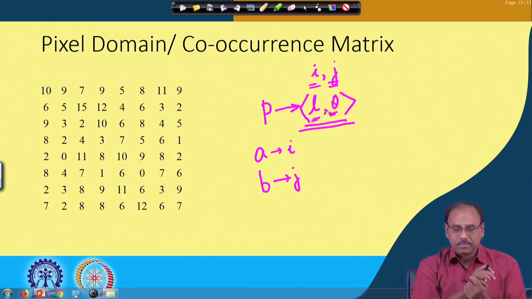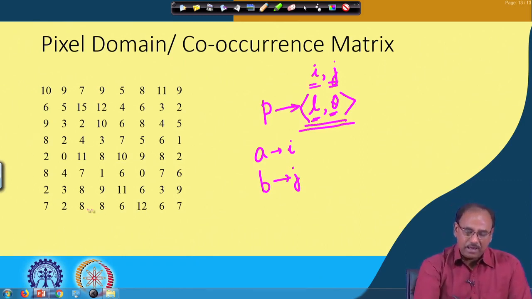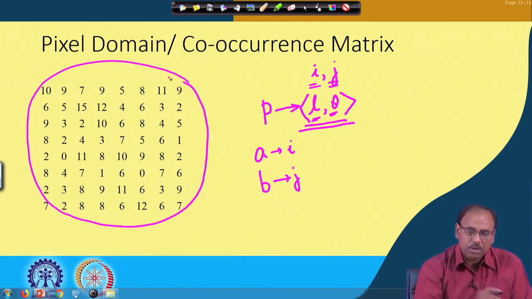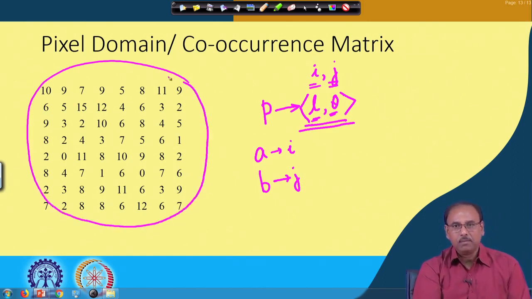So, given this image, shown by a very small square matrix having intensity values, say in this case from a minimum intensity value of 0 to a maximum of 15, that means it is basically a 4-bit quantization.